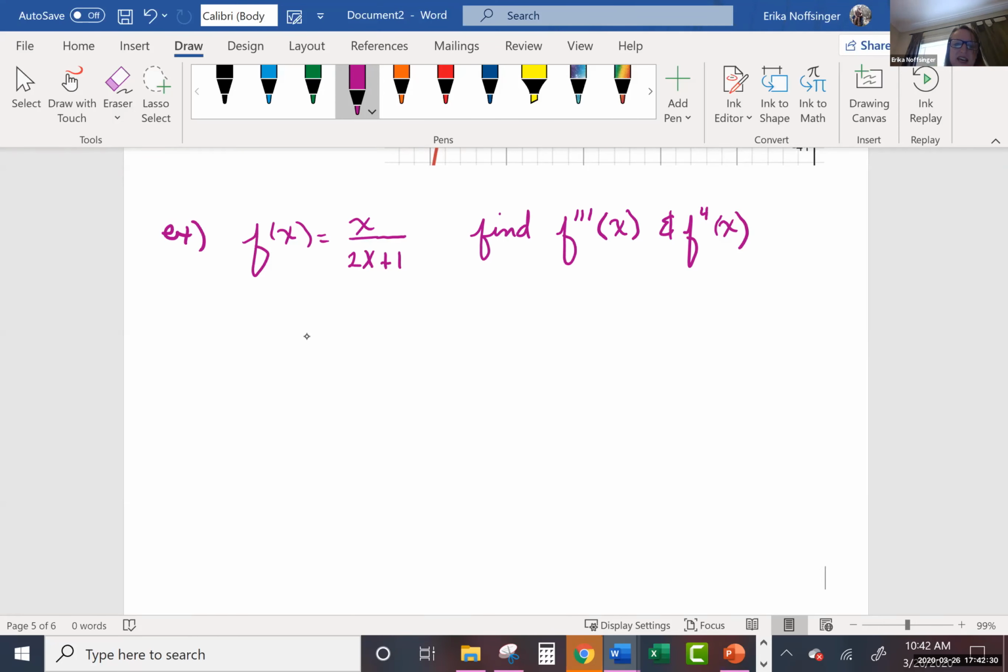And so I noticed that I'm going to have to use my quotient rule, and I'm going to have to do this 4 times.